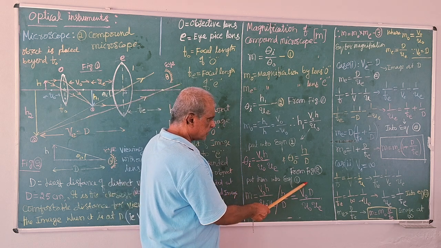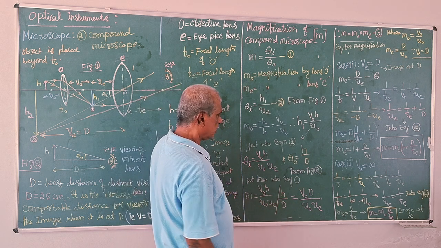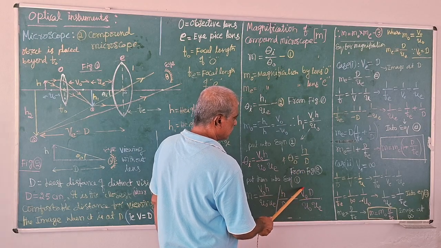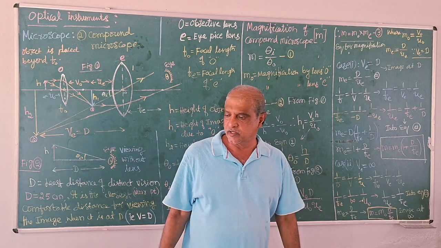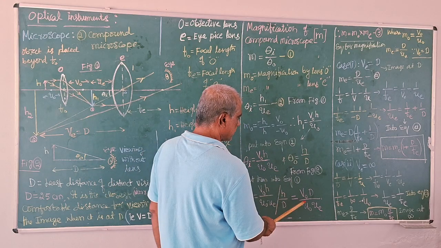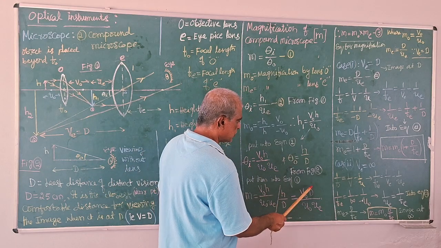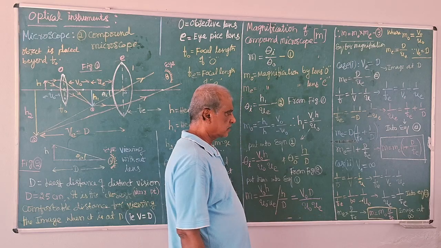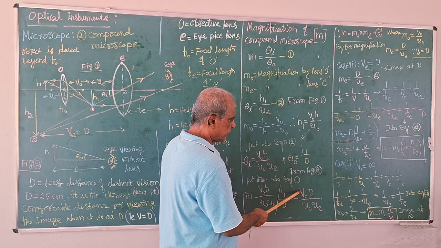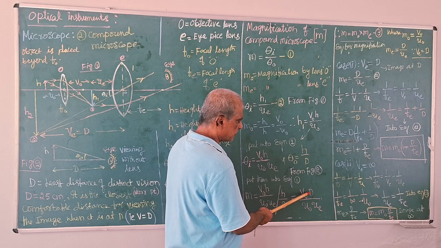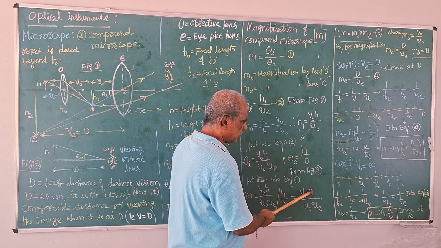Magnification. And see that in this equation there are two definitions: this ratio is known as magnification by the object lens, and this ratio is called magnification by the eyepiece lens. Here, distance of image and distance of object in the eyepiece.